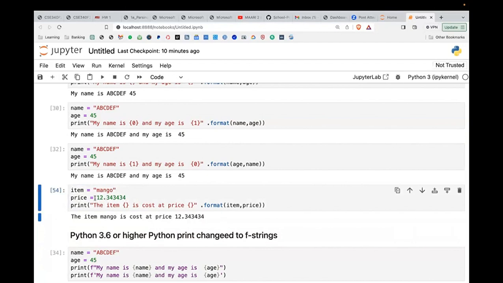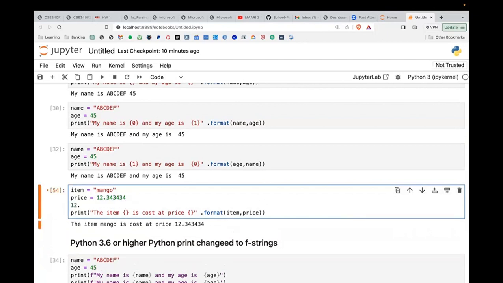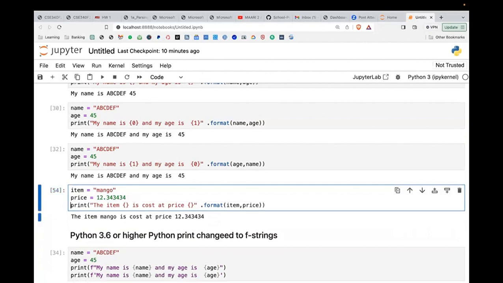But I wanted to represent this value with 2 decimal points, meaning I wanted to show the result as 12.34 only, not more than that. How can we do that? Where the price is, I need to put a colon and say I just wanted 2 decimal places. When you write .2, it will serve my purpose.